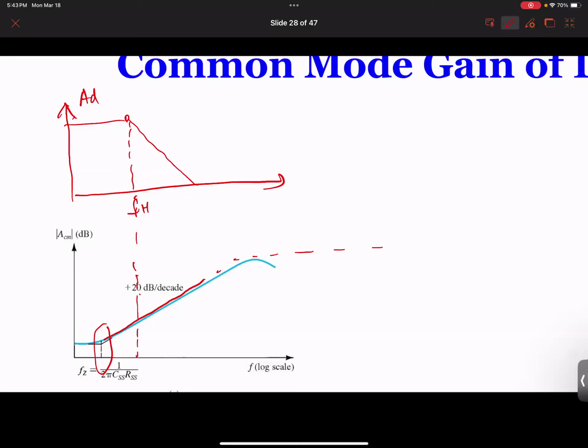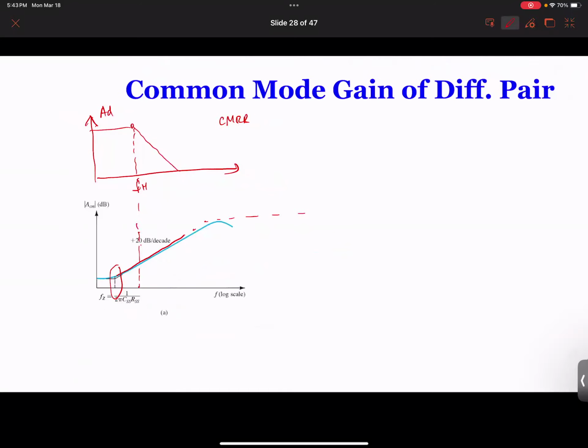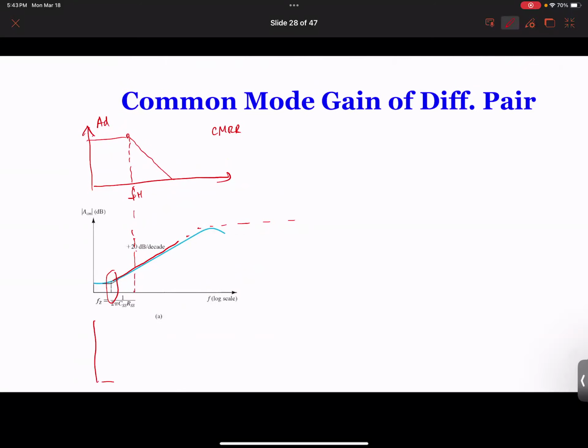So if I get my CMRR, you see what happens between this point and this point. My common mode rejection ratio is my AD over ACM, right? So that's a constant. From here to here is a constant.